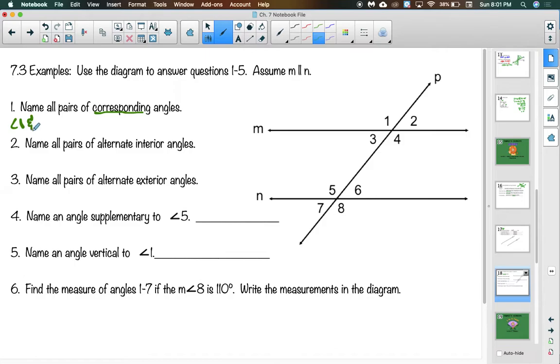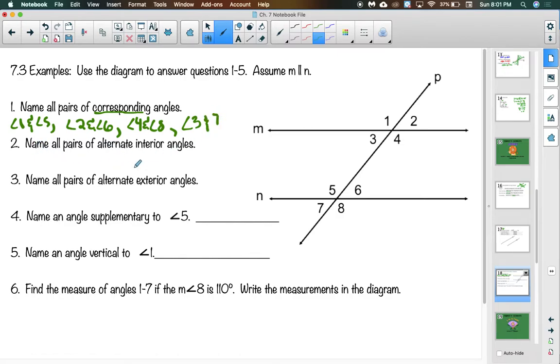Angle 2 and angle 6 are corresponding. Angle 4 and angle 8 are corresponding. And angle 3 and angle 7 are corresponding. Remember, they're matching positions.